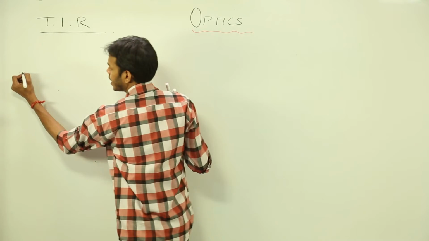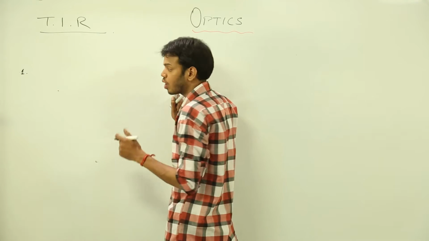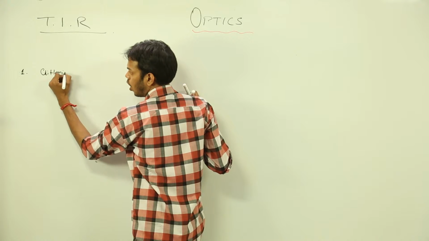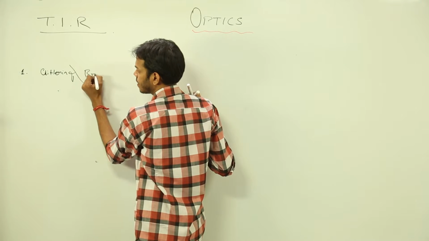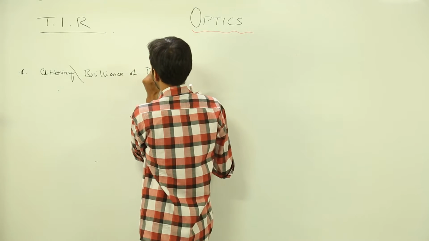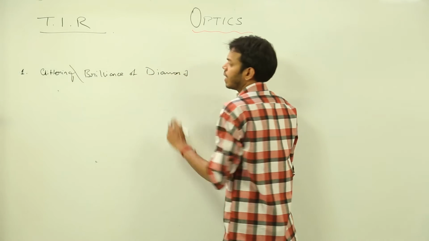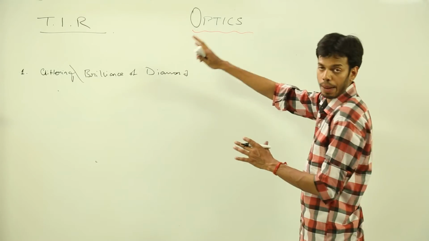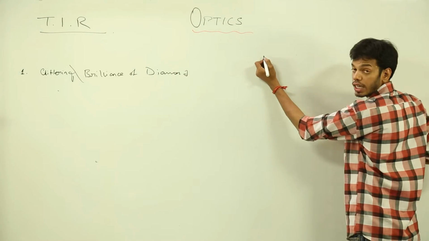First one in the applications of TIR is glittering or brilliance of diamond. The basic reason behind the application is one, what?